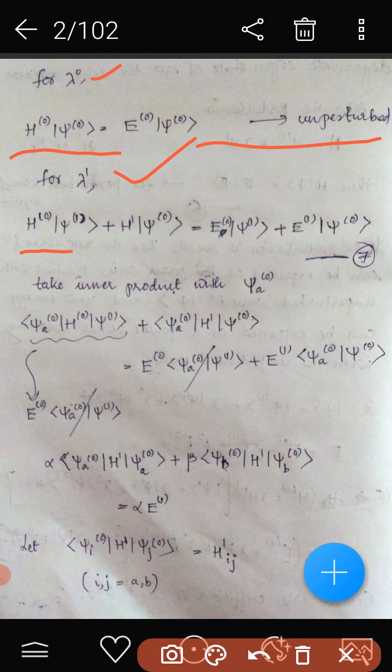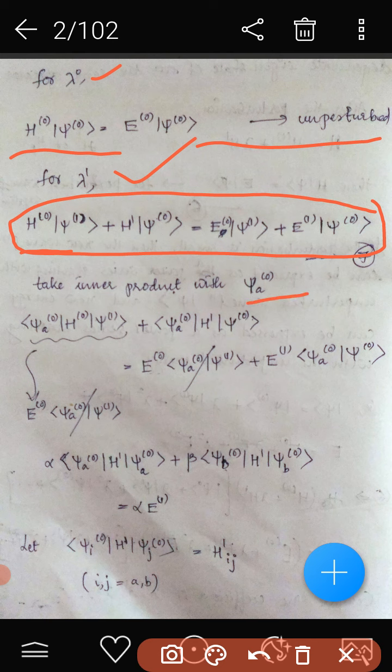Now we take the inner product of equation 7 with psi_a^0. We get <psi_a^0|H0 psi 1> plus <psi_a^0|H prime psi 0> equal to E0 <psi_a^0|psi 1> plus E1 <psi_a^0|psi 0>. Here the Hamiltonian operator acts on psi_a^0, and we get the energy value E0 along with the same wave function psi_a^0.